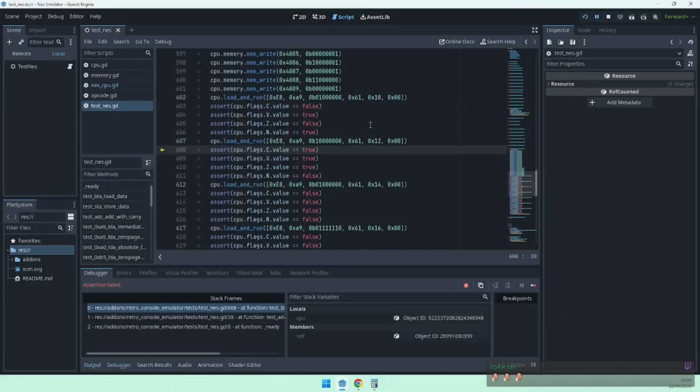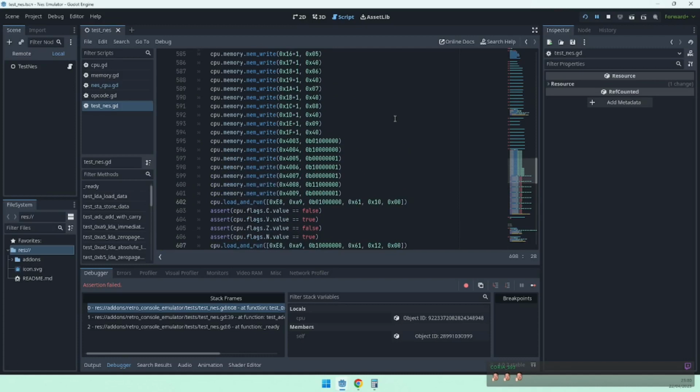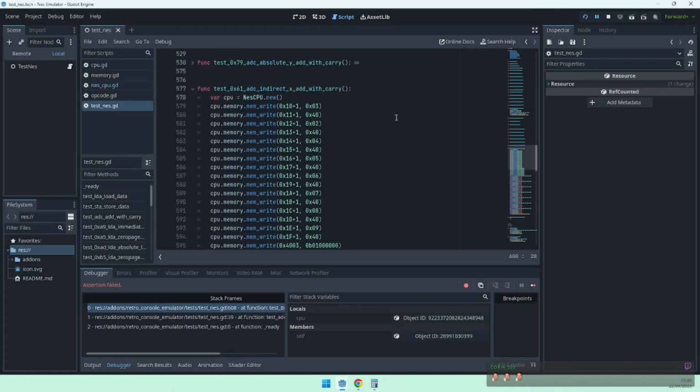Okay, it passed the first. And why is that? It's 12 plus 1. Wait a second. Why is a Q in here?